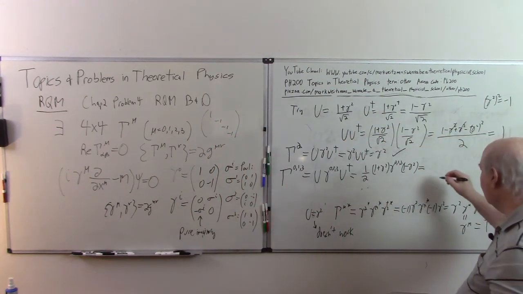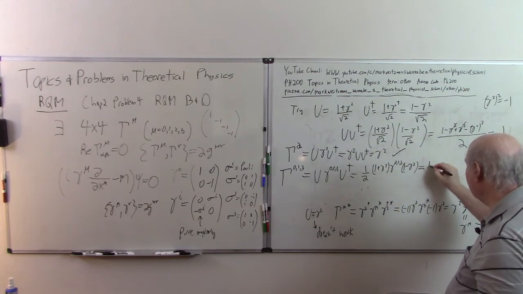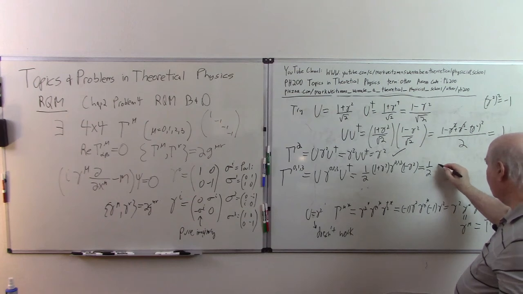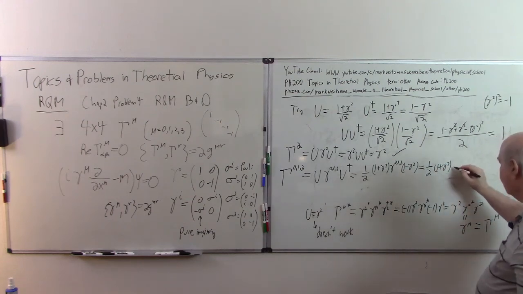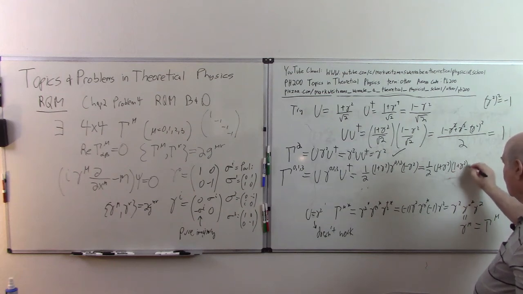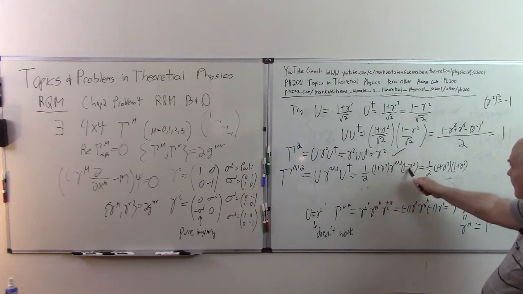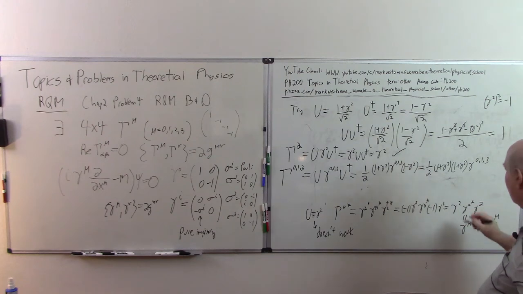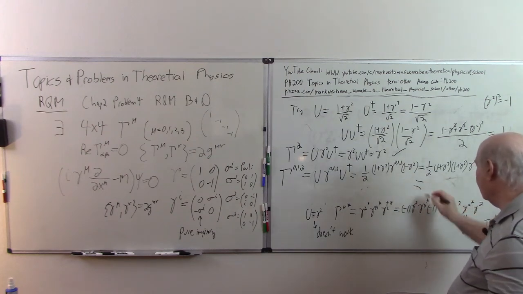So I can bring this to the right. I'm going to get one half, 1 plus gamma 2 times 1 plus gamma 2, because it commutes with the 1, but it anti-commutes with the gamma 2, times gamma 0, 1, 3.